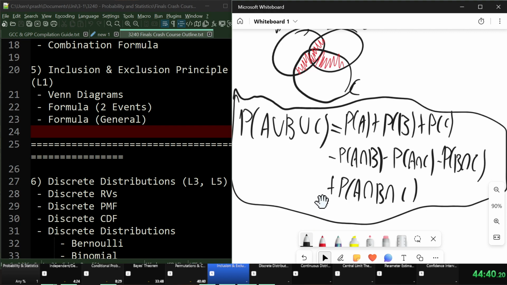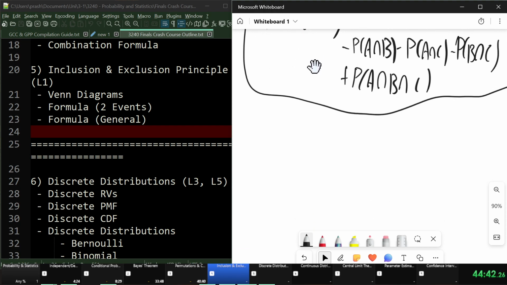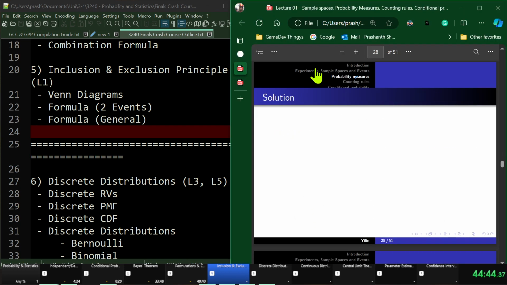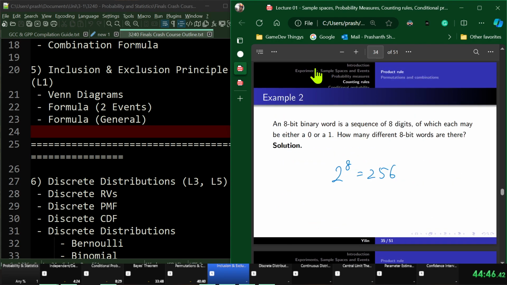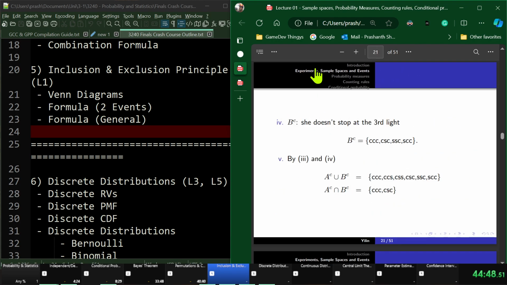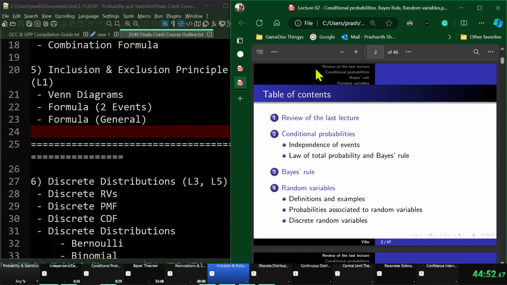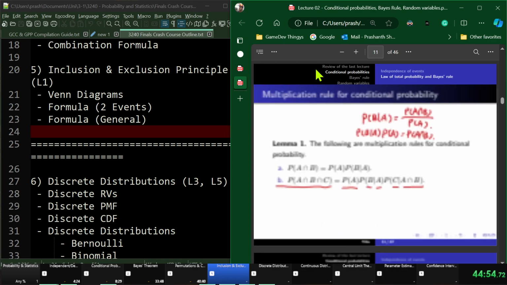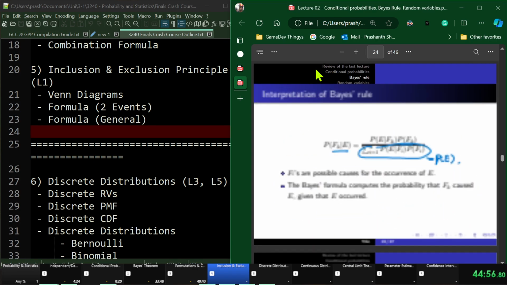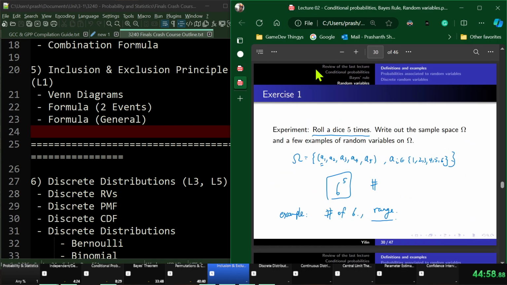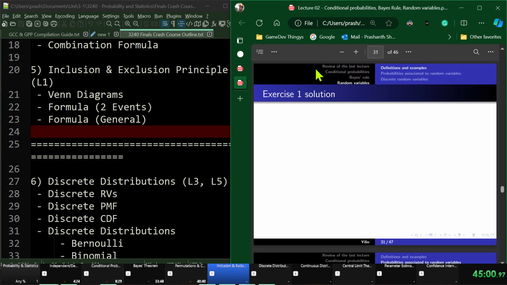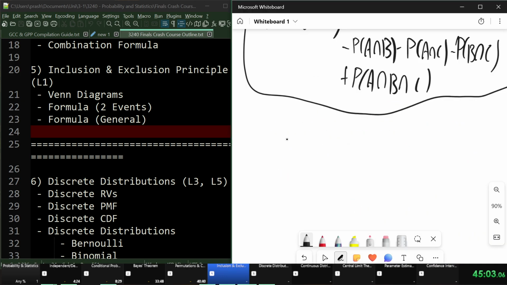To generalize, there's a really scary looking formula somewhere, I don't know which slide it's in. It might be here. Okay, I don't think it's here. But it's some scary looking sigma thing.